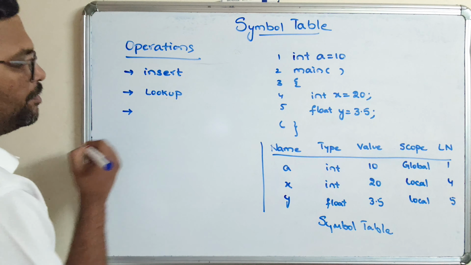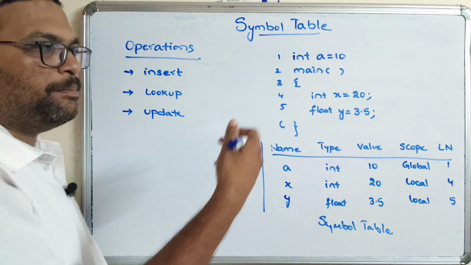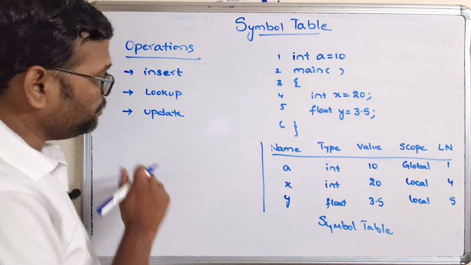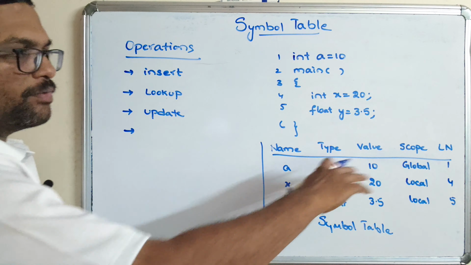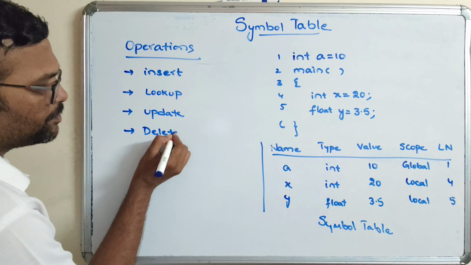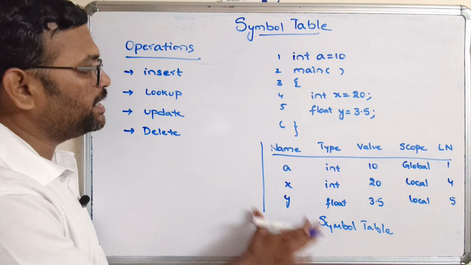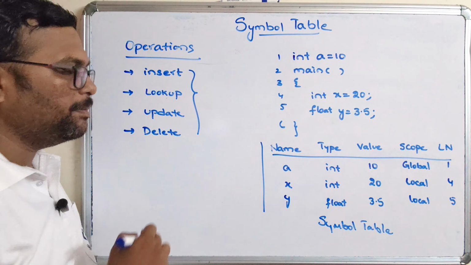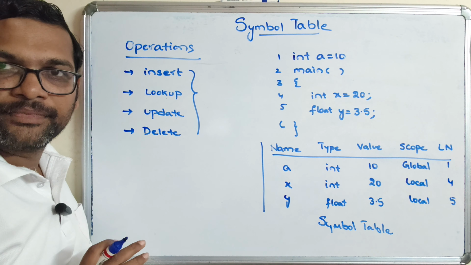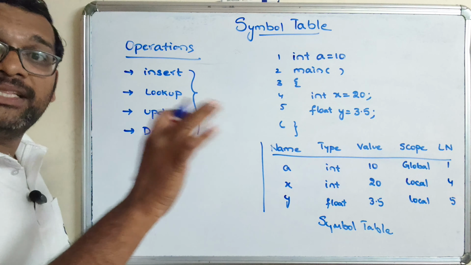Then update: sometimes the value of a variable can change, so it should be updated in the symbol table also. Next, after completion of the scope, the entry will be removed. That is the delete operation. So the operations that can be performed on a symbol table are insert, lookup, update, and delete.